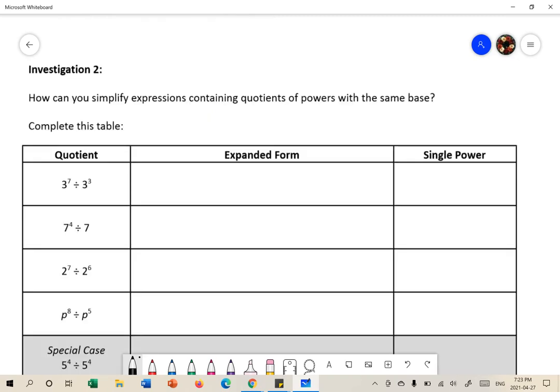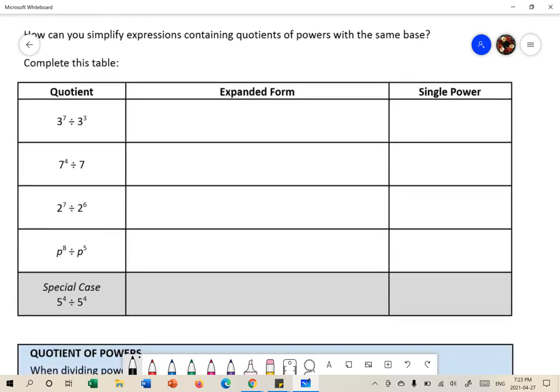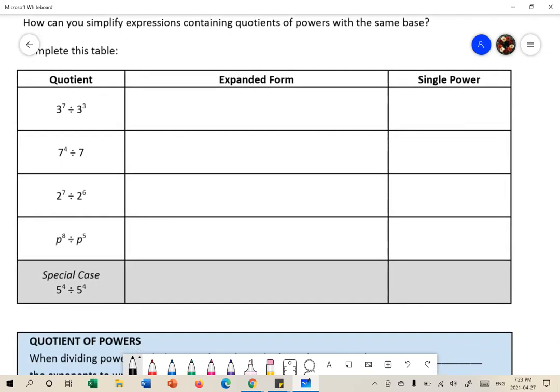What if the powers were dividing now with the same base? So in the first example, 3 raised to 7 divided by 3 cubed. So that's 3 times 3 times 3, 7 times: 1, 2, 3, 4, 5, 6, 7, divided by 3 times itself 3 times.